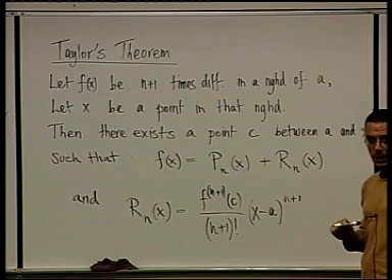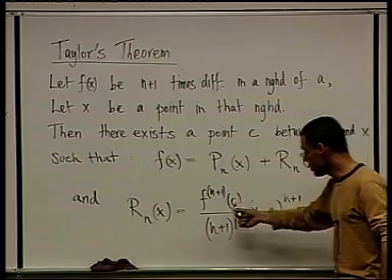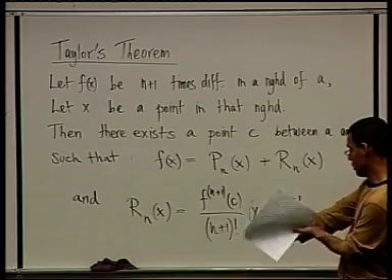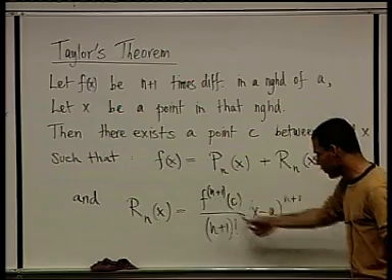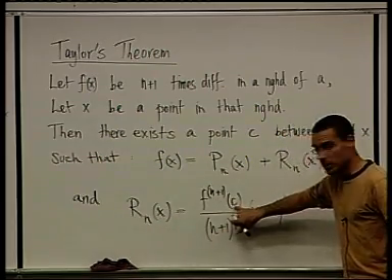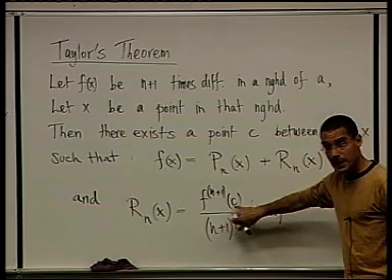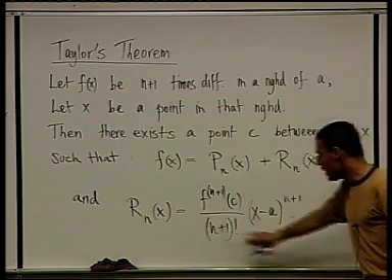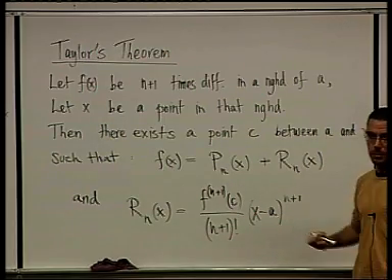Because that's Rn of x. Okay, C only shows up here. So the entire polynomial was made up of terms exactly like this, with smaller and smaller n's, but where this was a. Now the statement is that the remainder has this precise formula.